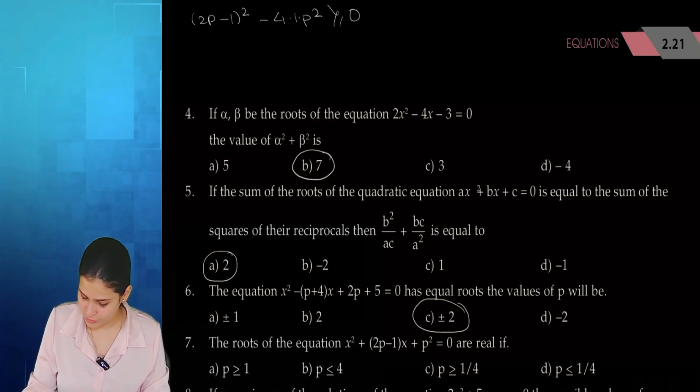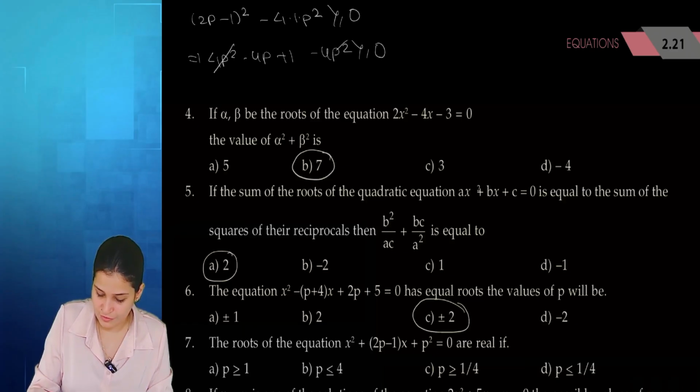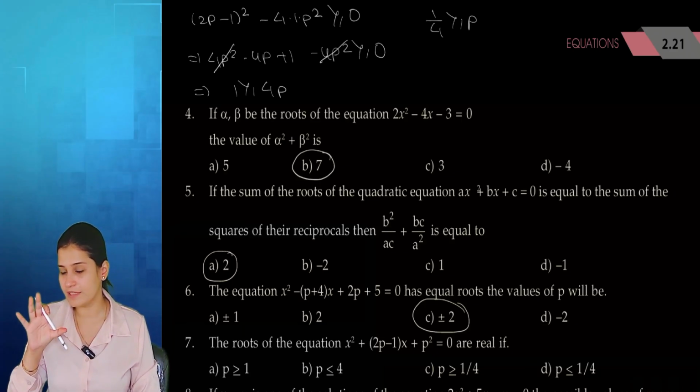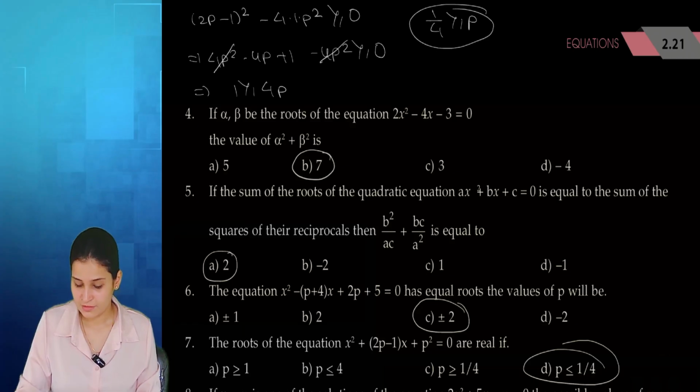Greater than equal to 0. 4p square minus 4p plus 1 minus 4p square greater than equal to 0. They get cancelled. 1 more than equal to 4p. 1 by 4 more than equal to p. So this is the answer. It's basically written here, p lesser than equal to 1 by 4.